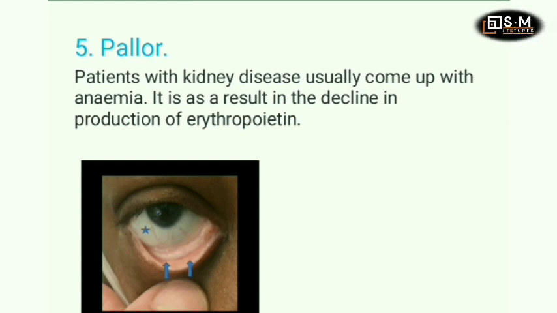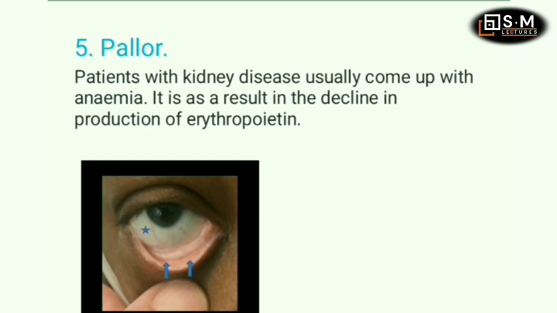So when there is a decrease in the level of erythropoietin production due to affectation of the renal system or failure of the kidney, there is a decrease in the level of erythropoietin. About 90% of erythropoietin in the human body is produced by the kidney. It's only a minor quantity, about 10%, that's produced in another organ, that's the liver.